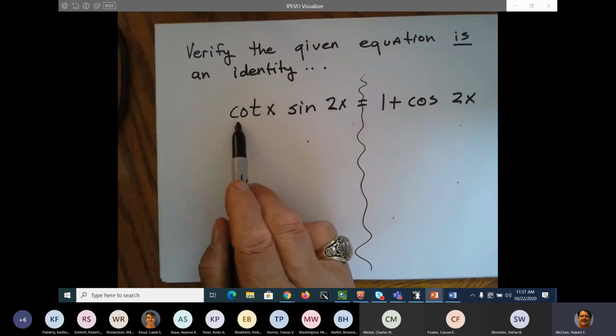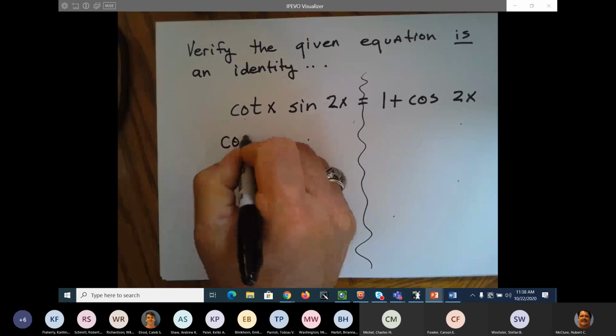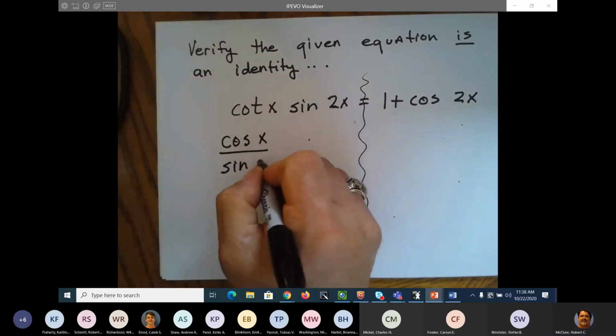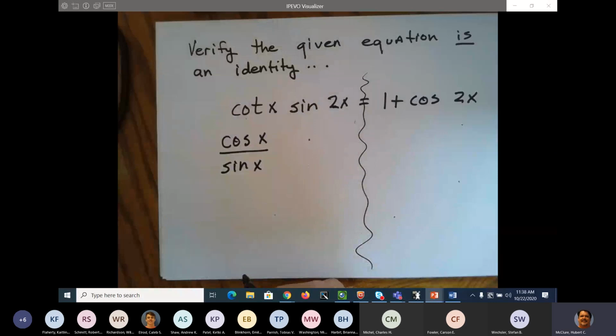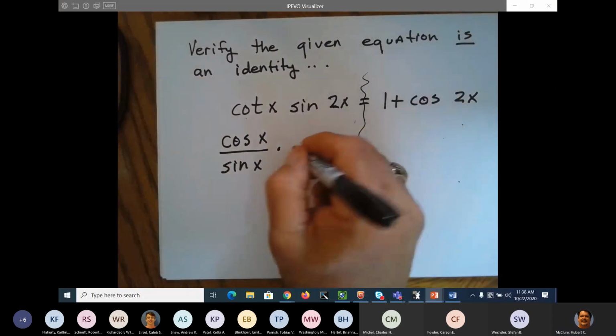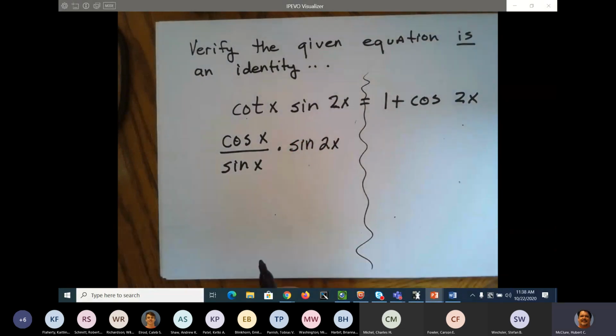And we know that the cotangent is cosine over sine, times sine of 2x. Now I can rewrite the sine of 2x using the double angle identity and get 2 sine cosine.